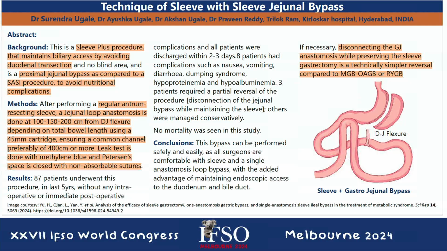In this procedure, as you can see in a simple manner, you do a regular sleeve and you anastomose a loop of the jejunum at a distance that is decided upon in surgery depending on the total length of the small bowel.